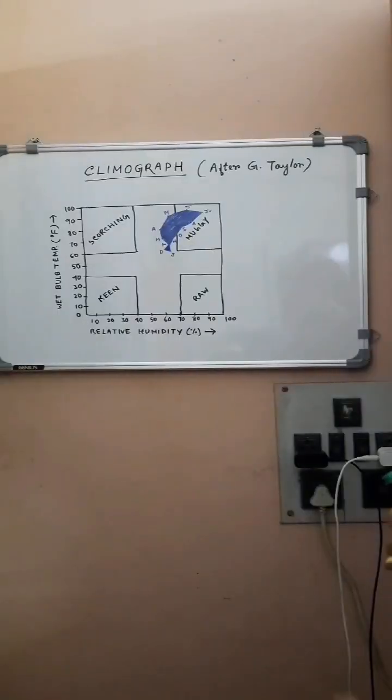Climograph was first conceived by G. Taylor in 1910. We can also follow the method after G. Taylor. Climograph is basically a polygonal line graph where we plot 12 points that represent the average mean monthly value of certain climatic elements of 12 months.